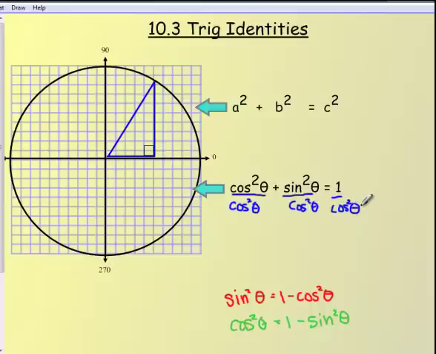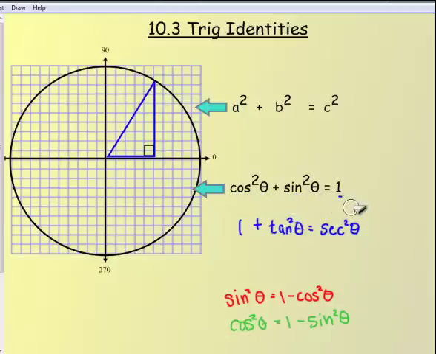Well, watch what happens. Cosine squared divided by cosine squared is 1. Sine over cosine is tangent, and it's still going to be squared. And 1 divided by cosine is secant, so it's going to be secant squared. So I've got yet another identity.